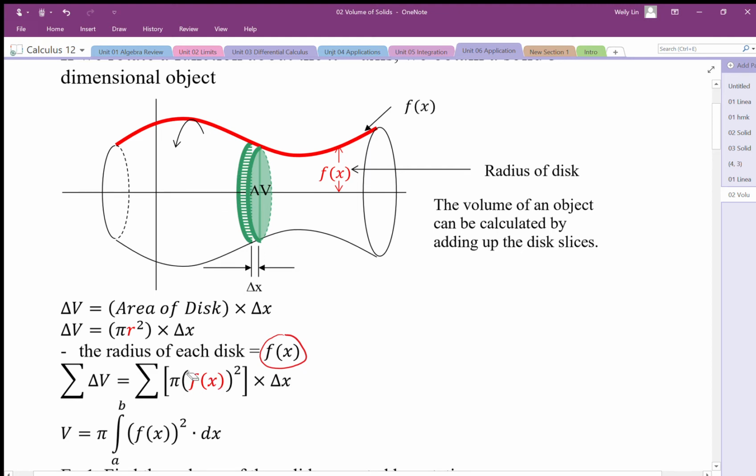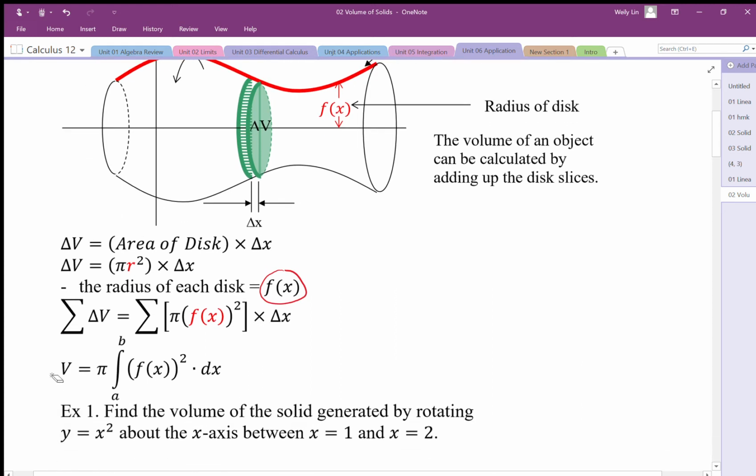I take all those circles times delta x and sum them up. To do this more precisely, I make my delta x go to 0, which becomes dx, and summing it up means I'm integrating. So my integral looks like this to calculate the volume of that rotational object.